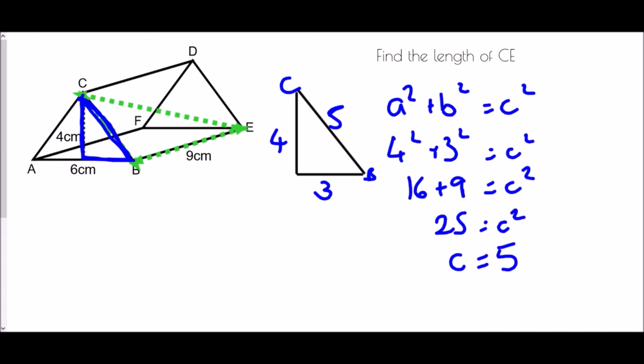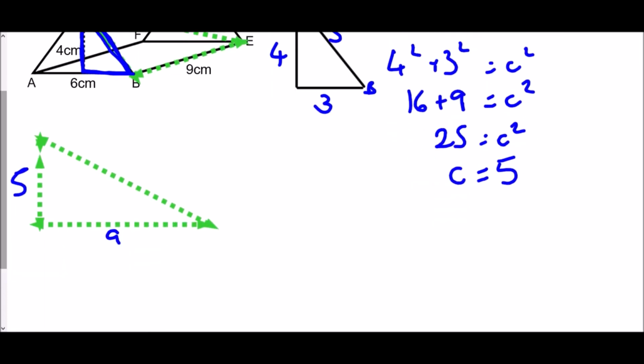So then we need to think about the triangle I've drawn in green. So that triangle, we now know that the base of that triangle was 9 centimeters, and we also know that the height of that one was actually 5, because that is CB. And so again, I'm trying to use a bit of Pythagoras in order to find the remaining length.